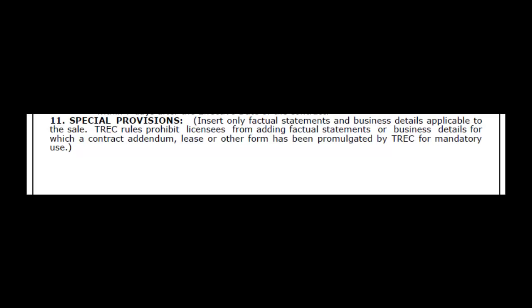Another acceptable thing would be if an attorney drafts some language for you, you're more than welcome to enter it there. If you find that this little section is too small to fit everything you want, then you can always use the TREC promulgated special provisions addendum to continue all of your free writing.